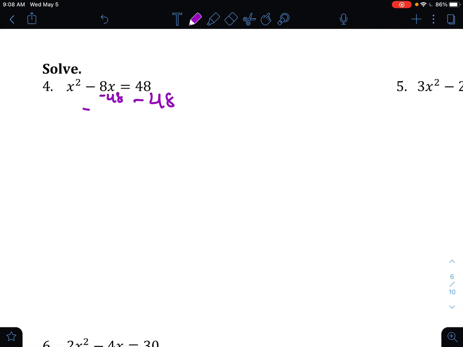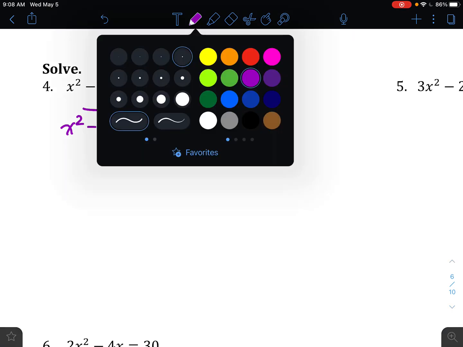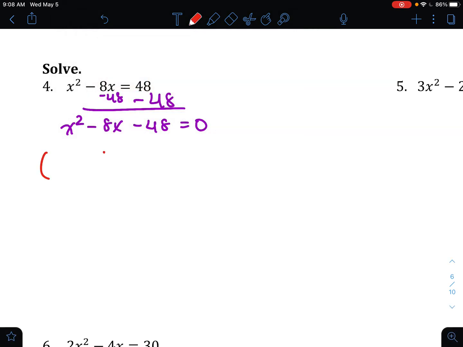All right, so we're moving 48 over. Okay, we're ready to factor. No GCF here.